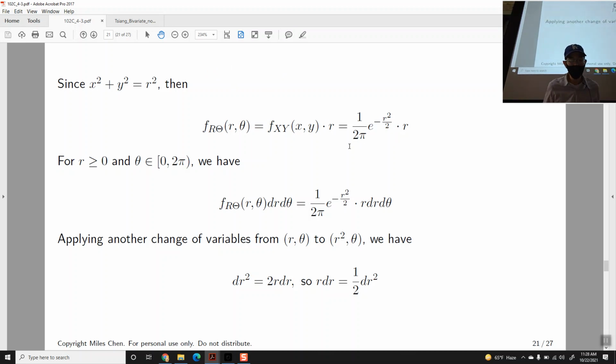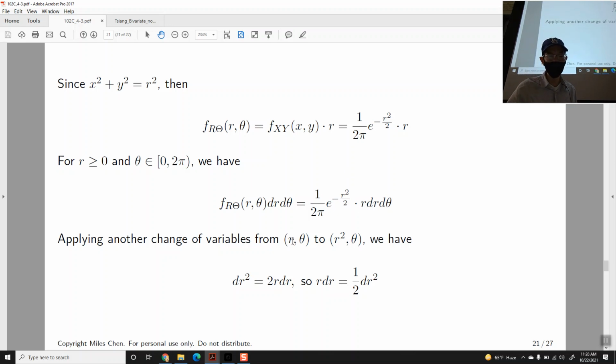And so we say, okay, well, what if we want to change the variable again? So for r greater than or equal to 0, and theta on the interval 0 to 2 pi, so just one full circle here, we have this function, 1 over 2 pi e to the negative r squared, r dr d theta.